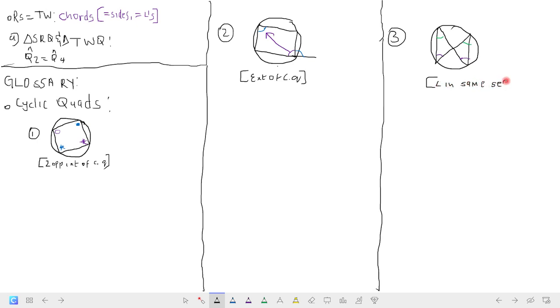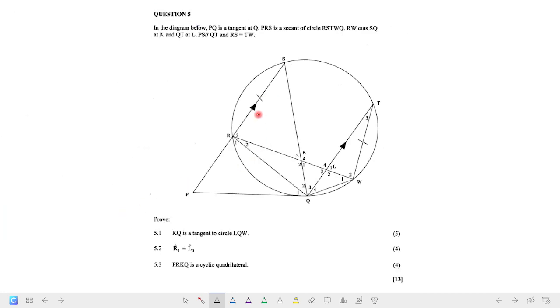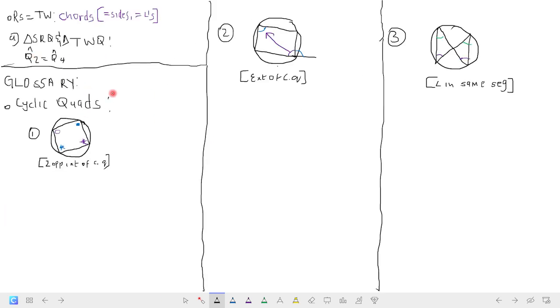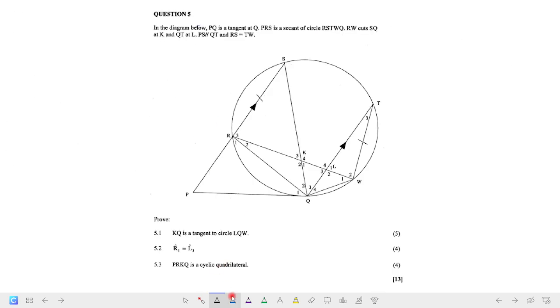Now we're going to quickly go into the diagram and see which ones we have here, then cancel the ones that we don't have and take the ones that we have. If I remember, we didn't have a quad, so we don't have this one, and we don't have this one, but let's look for this one. First I'm going to look for the thing that looks like a butterfly, and I can see the first one is this one.